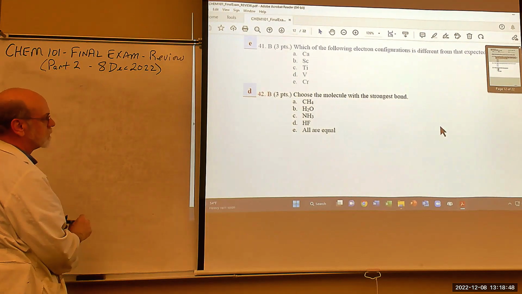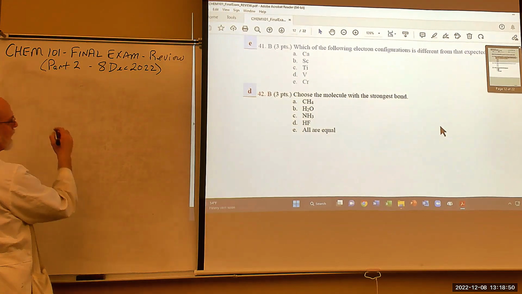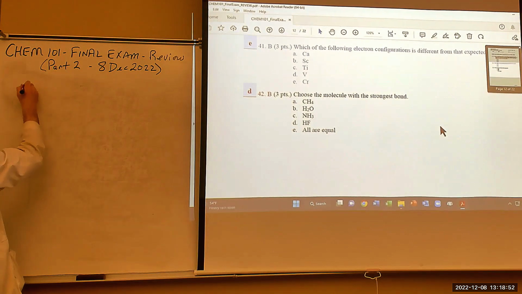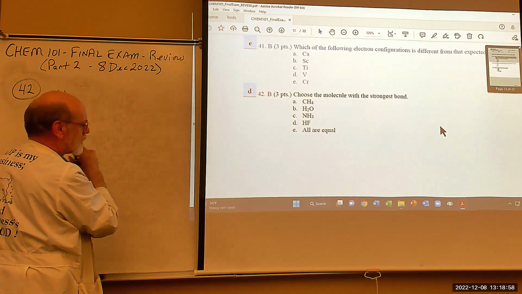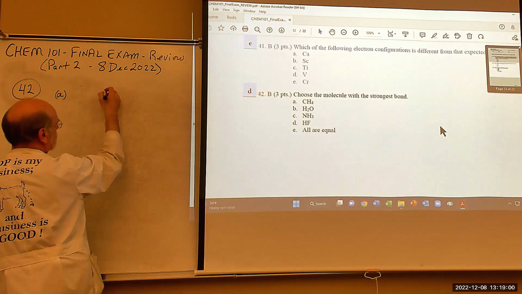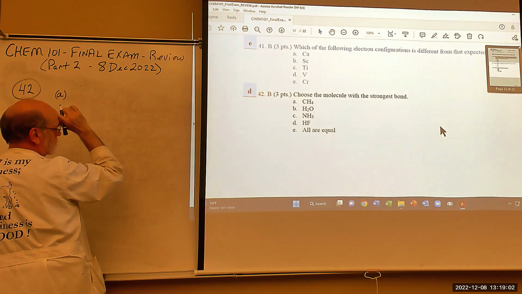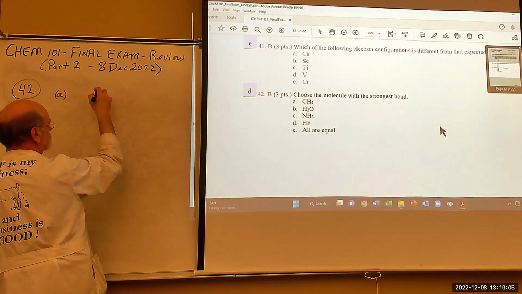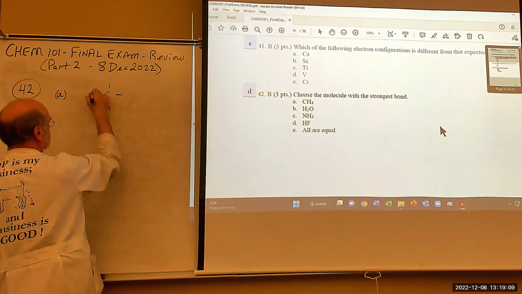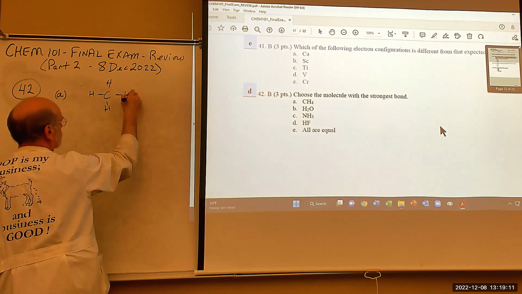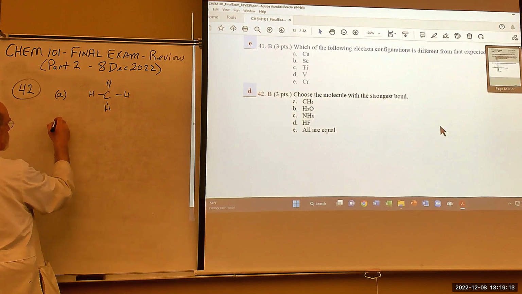All right, 42. Choose the molecule with the strongest bond. Methane is going to look like this: all sigma bonds, all single bonds.